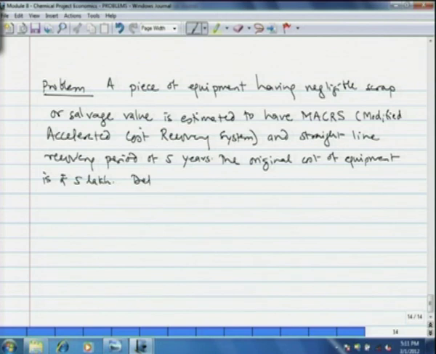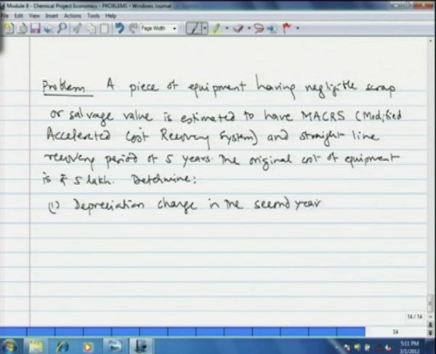Now, for this, determine first the depreciation charge in the second year if straight line depreciation is used, and the percentage of original investment paid off in the first 2 years.